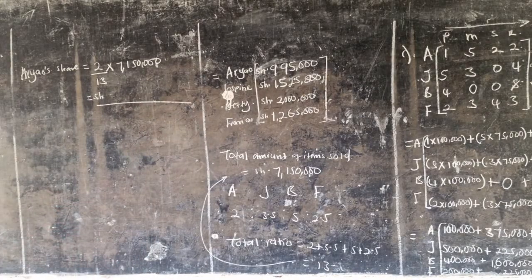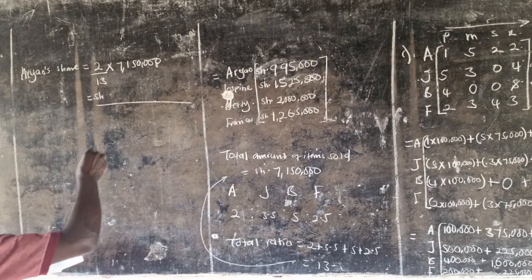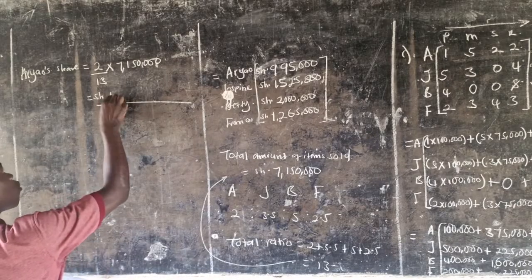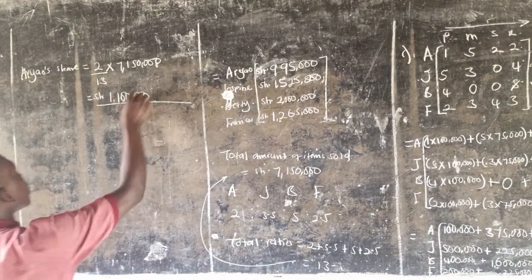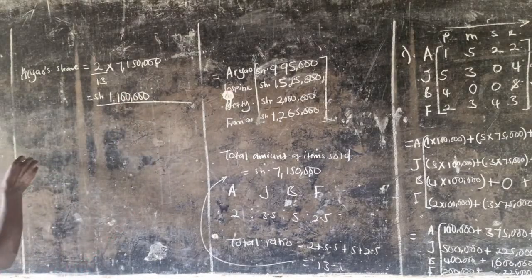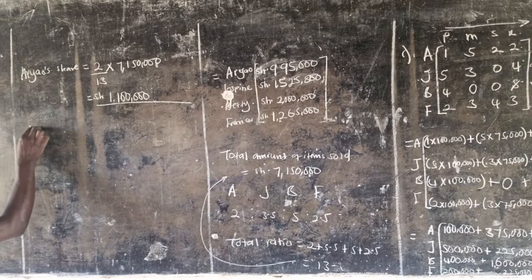Then equally we do the same for Josephine, Betty, and Francis. So this person here is having shillings 1,100,000.